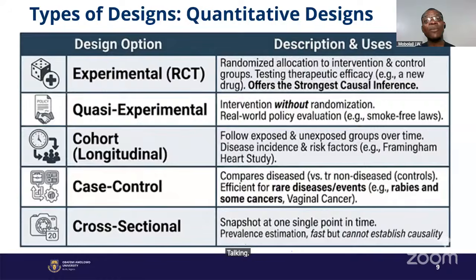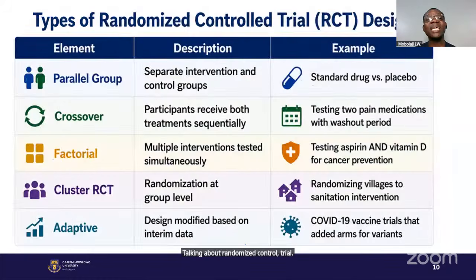Now, talking about randomized control trial, it has various types. One of the types of randomized control trial is the parallel group design. It means you have a separate intervention and control group.